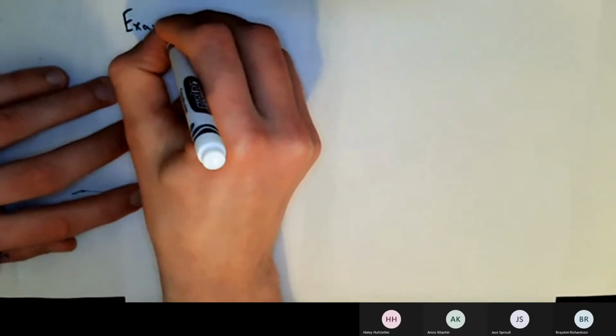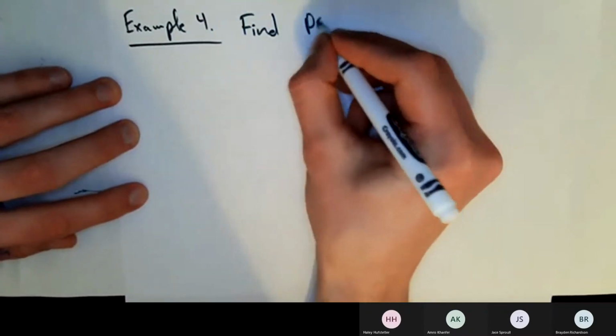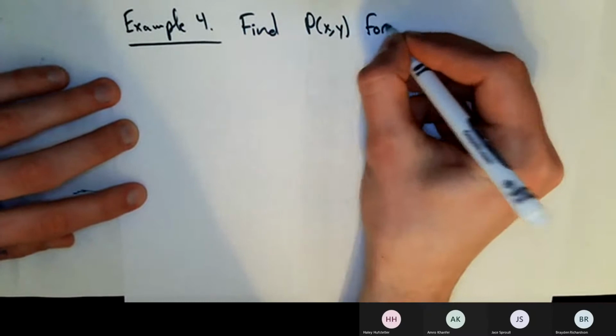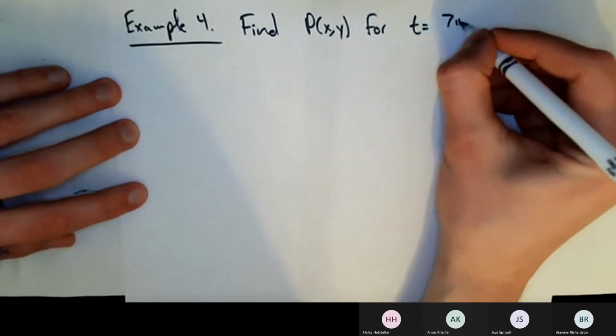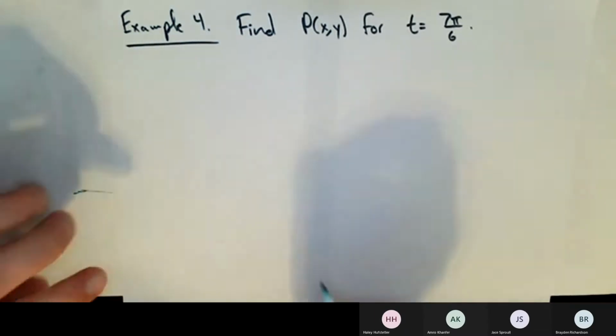Okay, as an example, let's find P of xy for t equals 7 pi over 6.